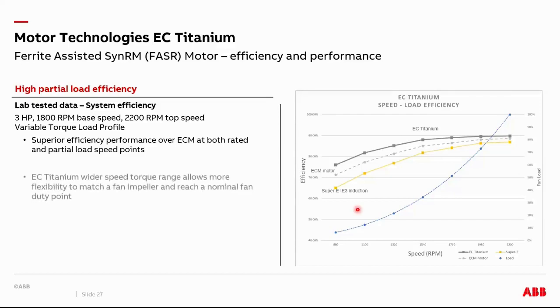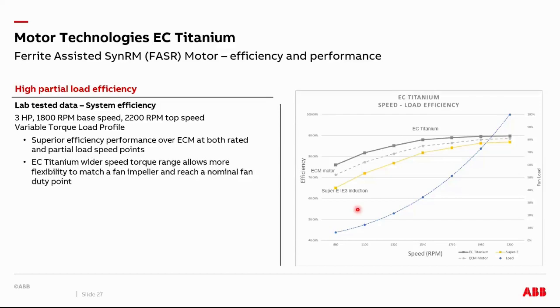So it's important to note the gap between the efficiencies. We have in the EC Titanium, or the phaser motor, a wider speed and torque range that allows more flexibility. So now we can match up a fan impeller to reach the most nominal fan duty point.